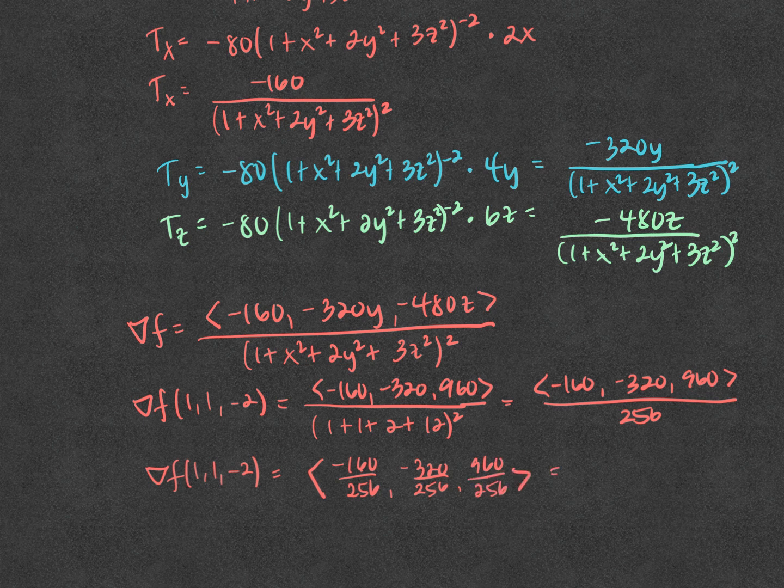So let's reduce all of them by 32. So the first one will be negative 5 over 8. And I'm going to keep the common denominator of 8 because of where we're headed. The next one would be negative 10 over 8. And the last one would be 30 over 8, if I divide the denominator by 32 and divide all the tops by 32.